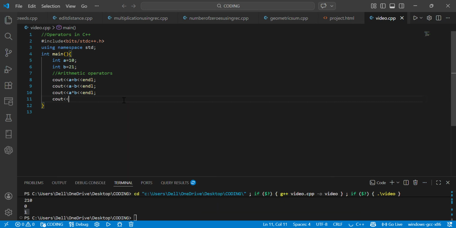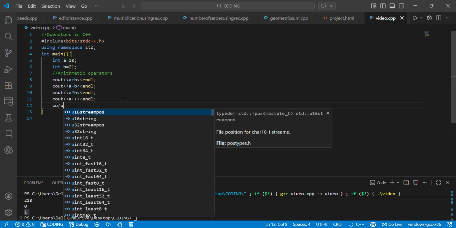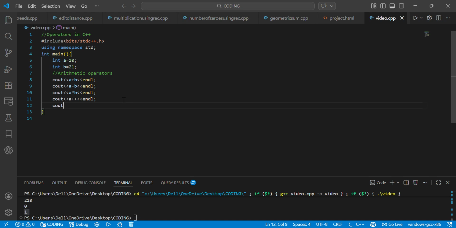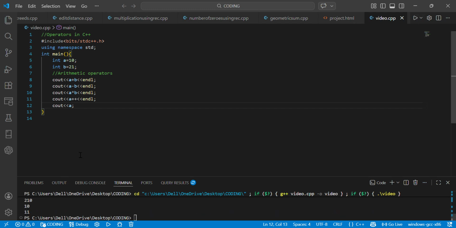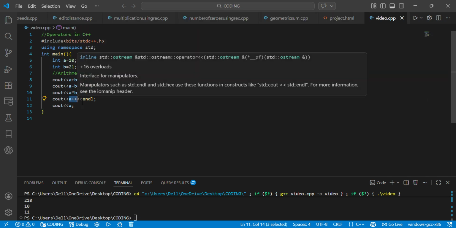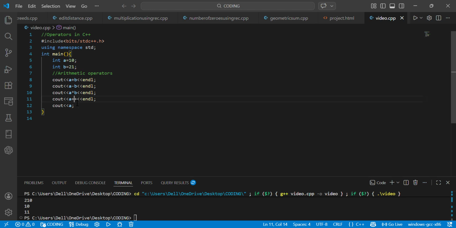If I output a plus plus and after that I use cout a, you see that a plus plus, there is no effect on output, because in a plus plus if I output this, then it will output a first and then after that it will increment a by 1. So you can see that after this step it is 11.